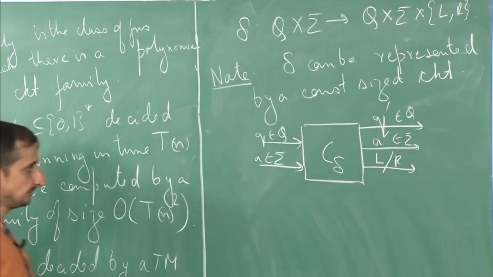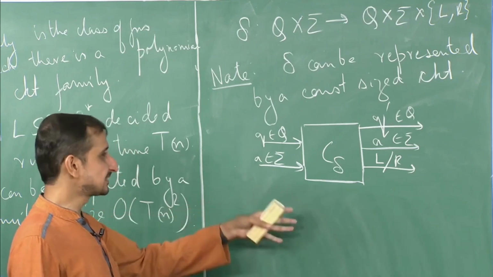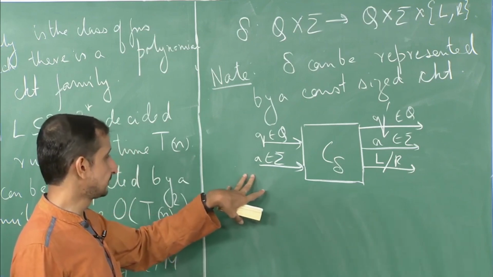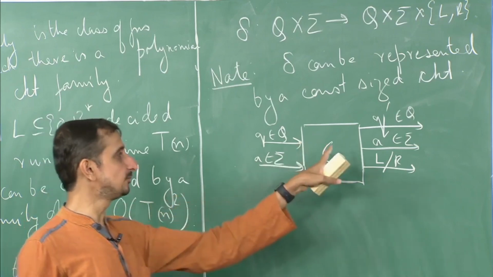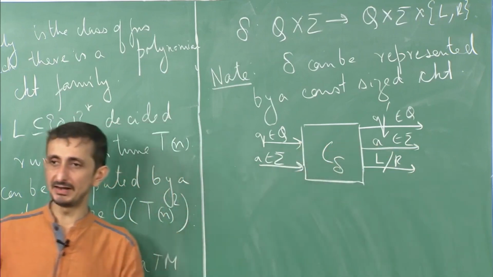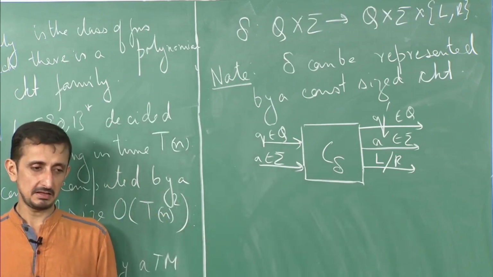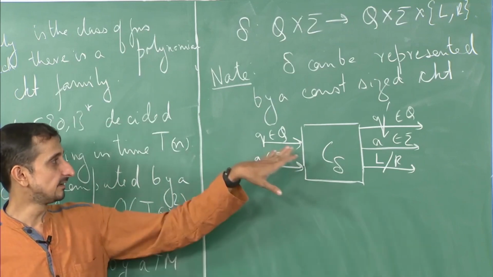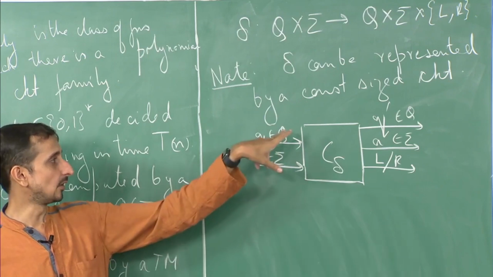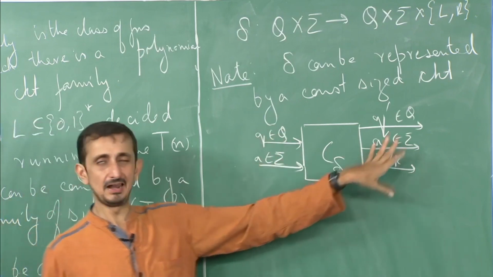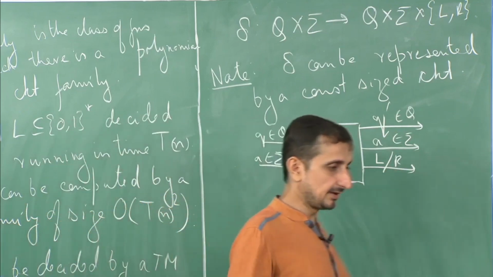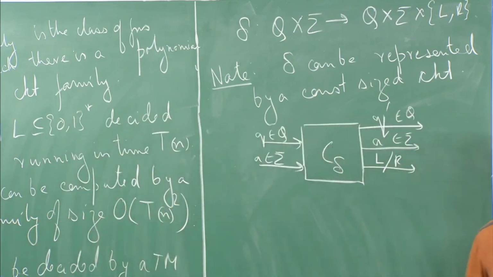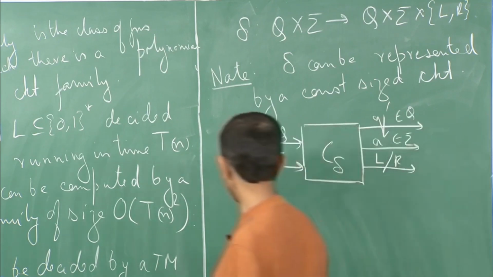Just for ease of implementation, you can assume that the circuit that we will be building has alphabet which are elements from Q, sigma, L, R. This is anyway a bounded set. You can assume the alphabet to be over this, and then finally you can just replace all of this with strings over 0, 1. It does not matter, it is the same thing.